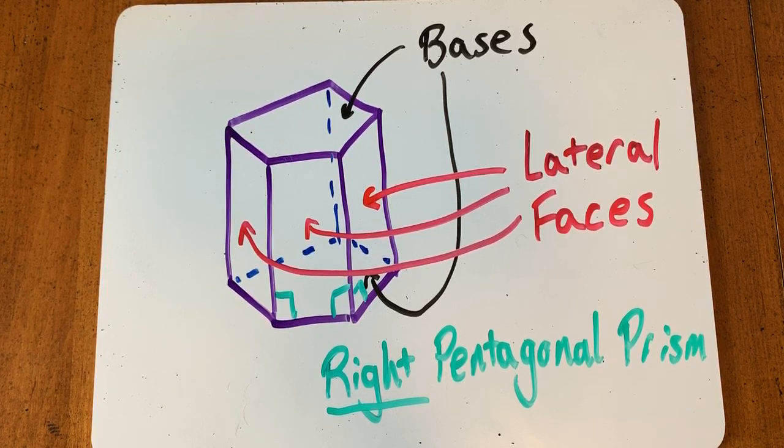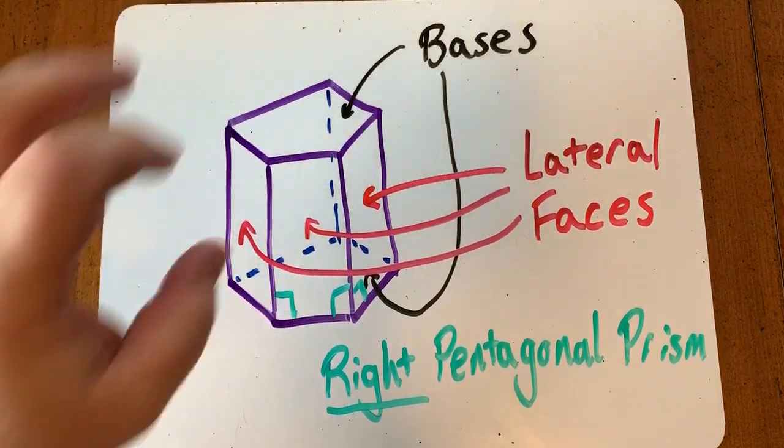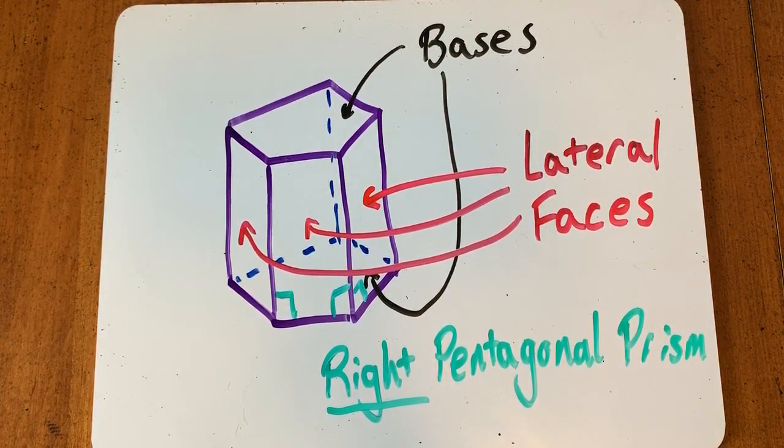If they are other parallelograms, and they have to be parallelograms because the two bases have to be parallel to each other in order for it to be a prism, but there are other types of parallelograms besides rectangles, they would be oblique prisms.